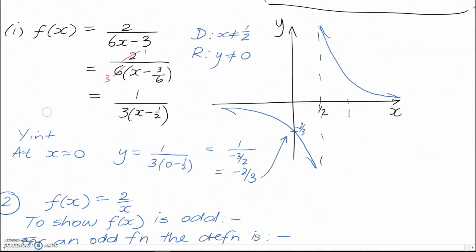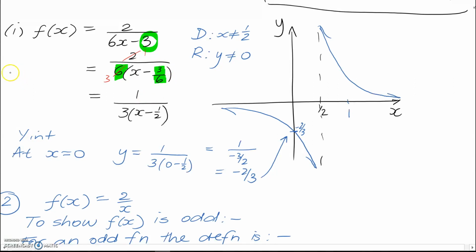The next one, have a look what we've got there. I factorised the bottom line first and then cancelled the 6 with the 2, and that leaves me 1 on the top and 3 on the bottom. Just take a minute and see whether you understand why, when I pull 6 out, this was the number I had there, why does that leave 3 over 6 behind when I factorise it?